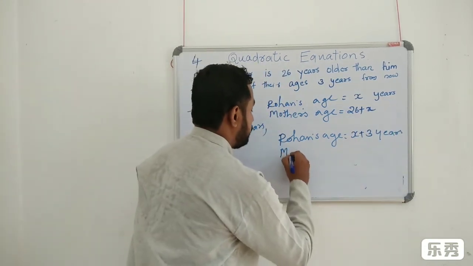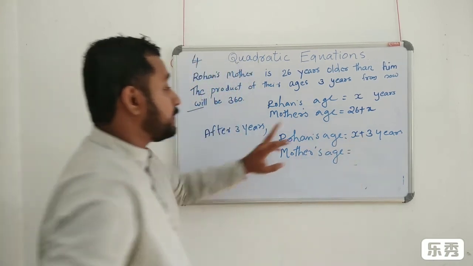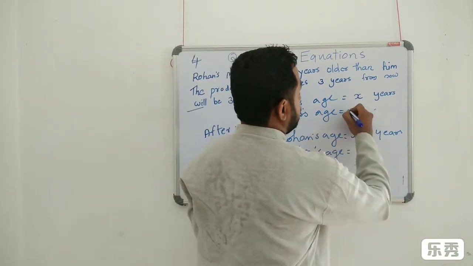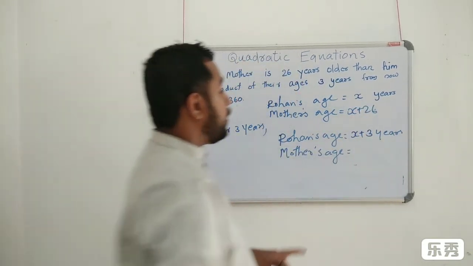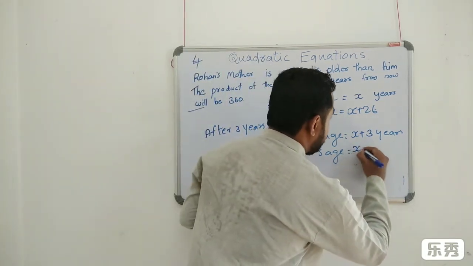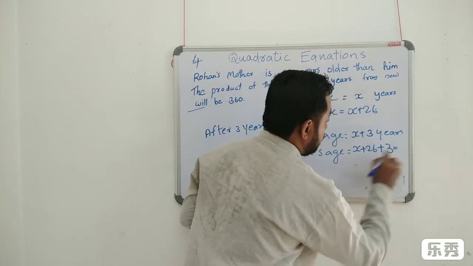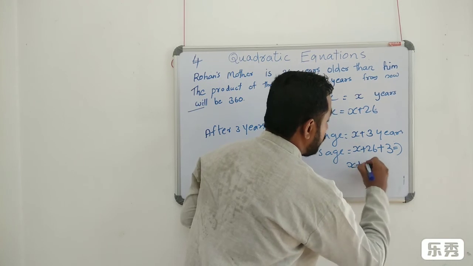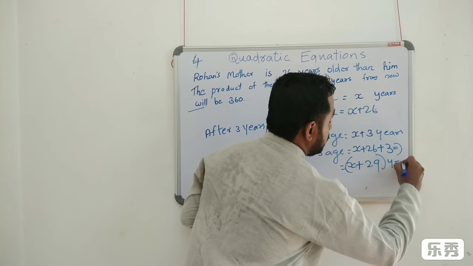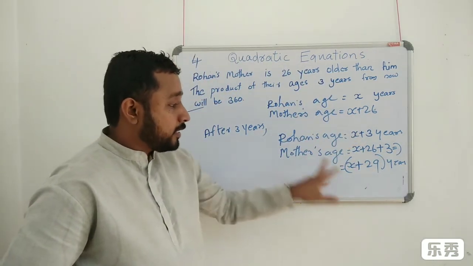Mother's age now is x plus 26, so after 3 years mother's age is x plus 26 plus 3, that is, x plus 29 years. After 3 years, Rohan's age is x plus 3 years and mother's age is x plus 29 years.